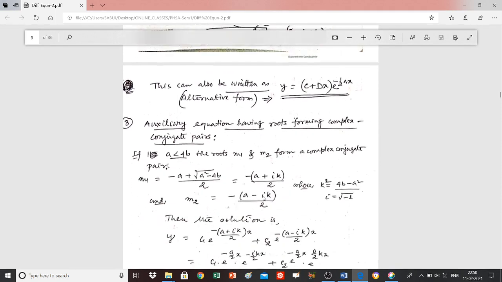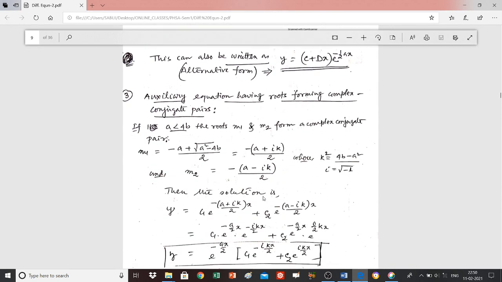And another condition is here: auxiliary equation having roots forming complex conjugate pairs. That means in this case, if a square is less than 4b, the roots m1 and m2 form complex conjugate pairs. So in that case, m1 is equal to minus a plus root over a square minus 4b by 2.